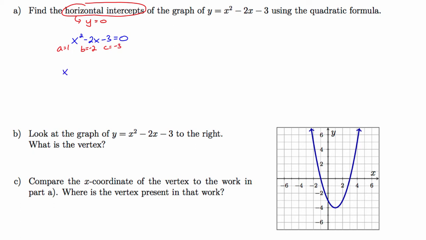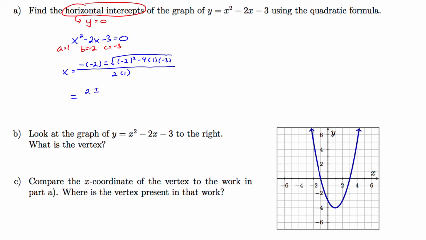So our x values will equal the opposite of negative 2 plus or minus the square root of quantity negative 2 squared minus 4 times 1 times negative 3, all over 2 times 1. As a first step of simplifying, the opposite of negative 2 can be cleaned up to be 2.